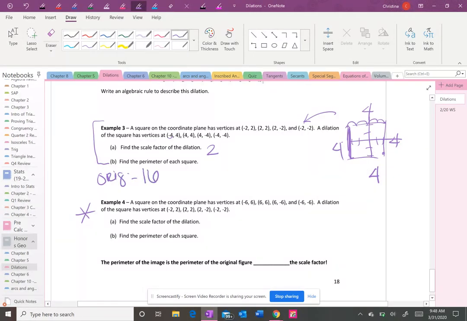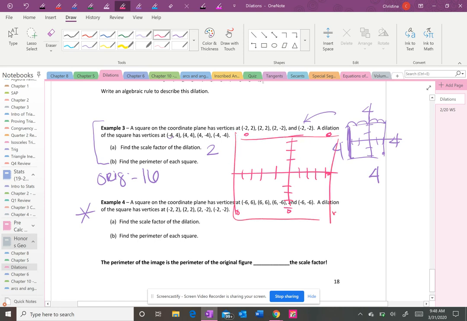And then it's saying that there's a scale factor of 2, which is going to move all the coordinates out to 1, 2, 3, 4, 1, 2, 3, 4. So now you're looking at these coordinates of the square. So now the square has side lengths of, what is that, 4, 4, 8.